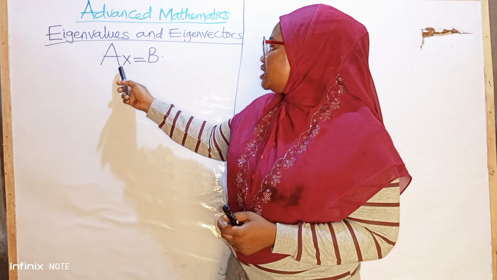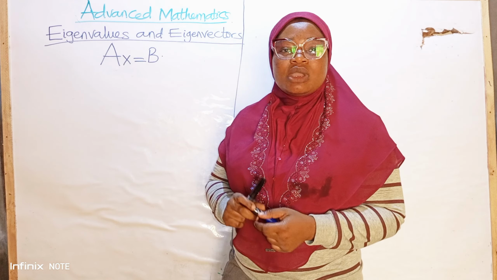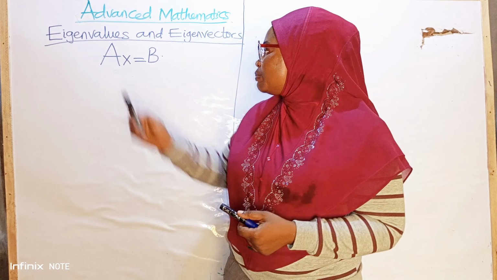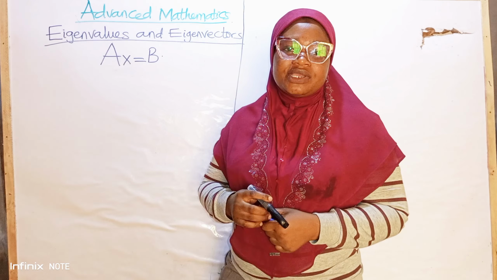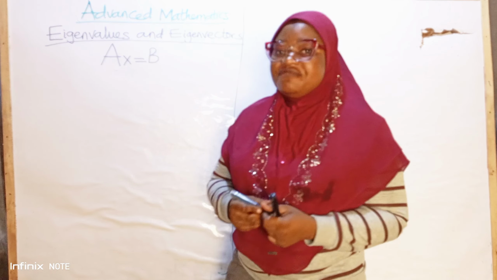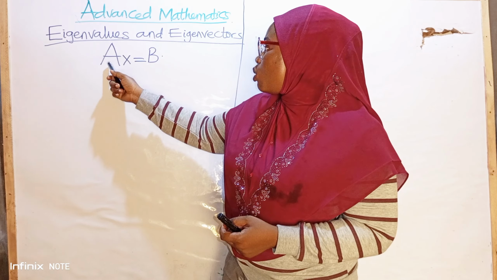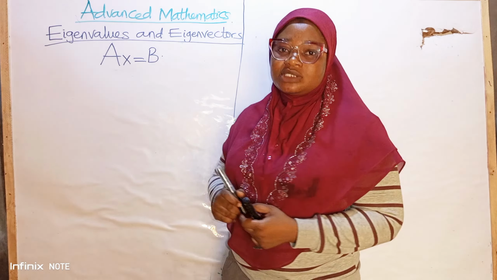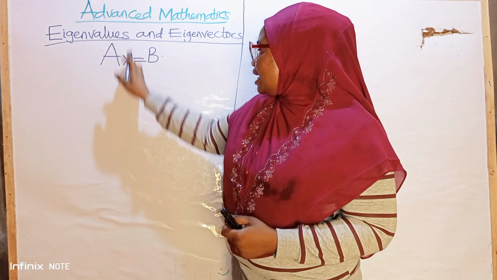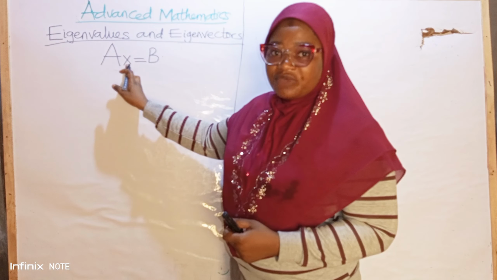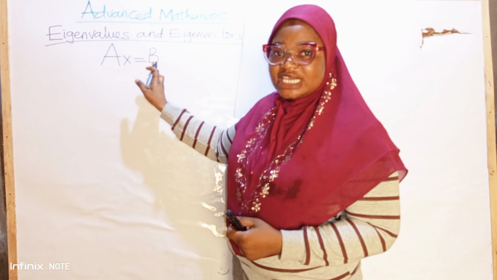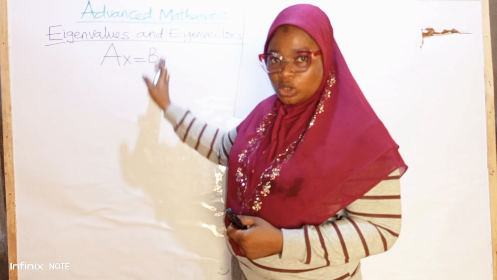So what this means is that every square matrix is associated with a special vector. This is special in the case that if you multiply this square matrix by this vector, which is a column vector, the answer you are still going to get will still be a column.